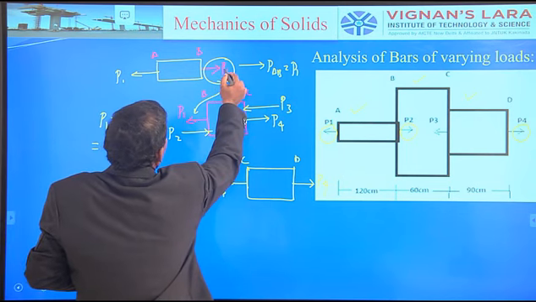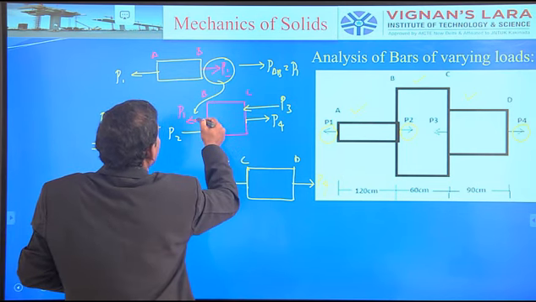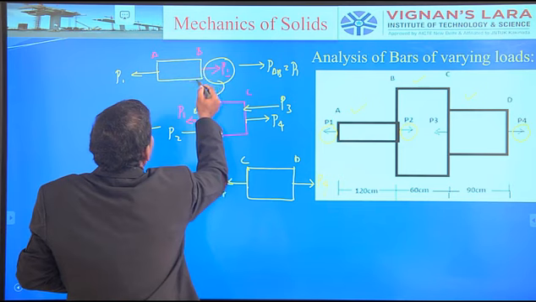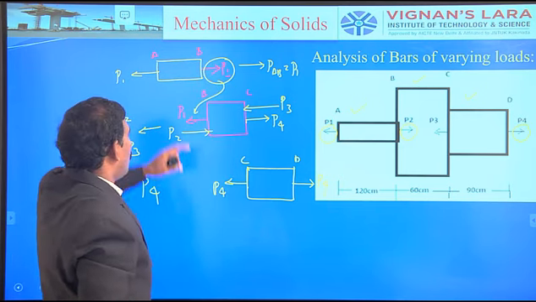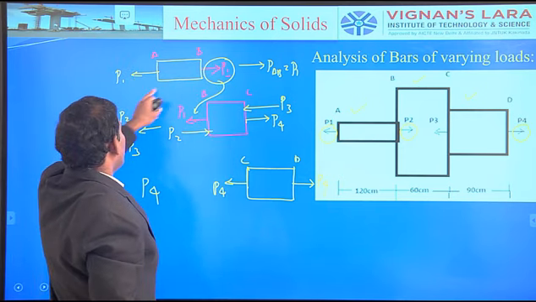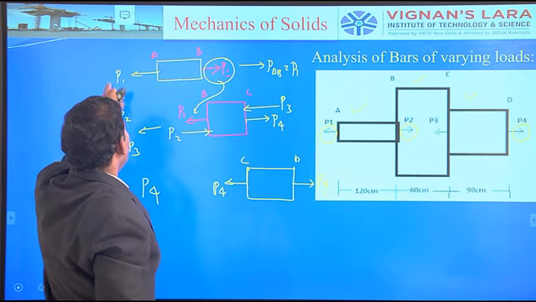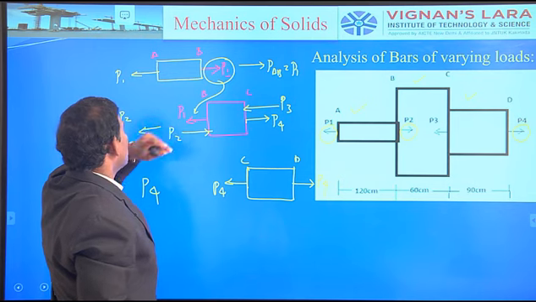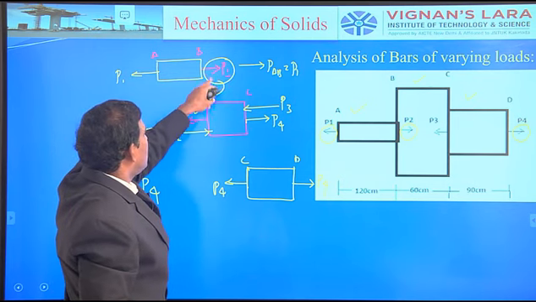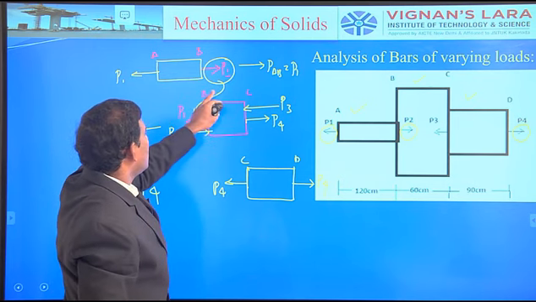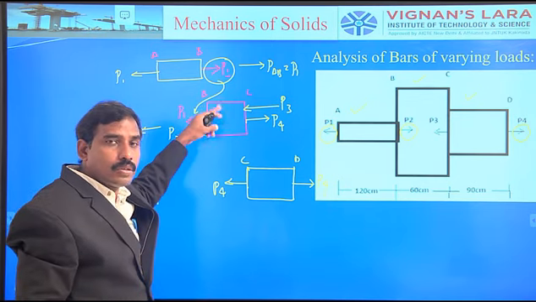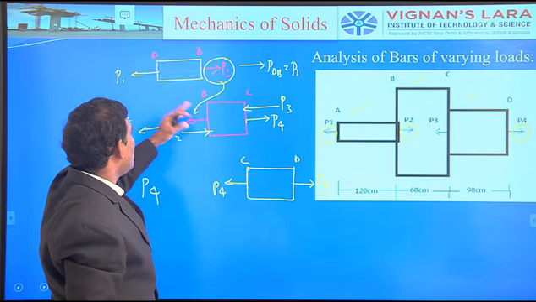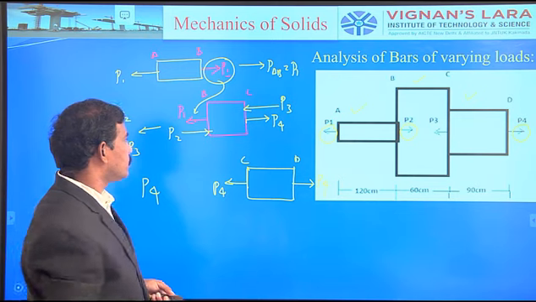Suppose P1 is balanced by the P1 acting on the AB as well as BC. What we did here, for equilibrium condition of the portion AB, P1 is applied towards right, opposite in direction. Then for equilibrium condition, the same force is acting on the portion BC in opposite direction.